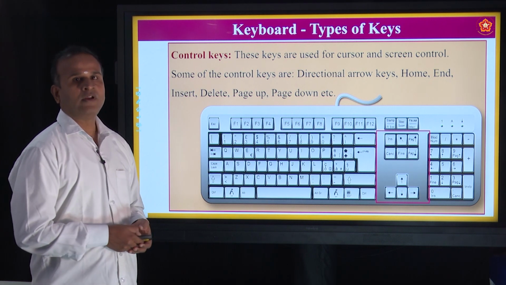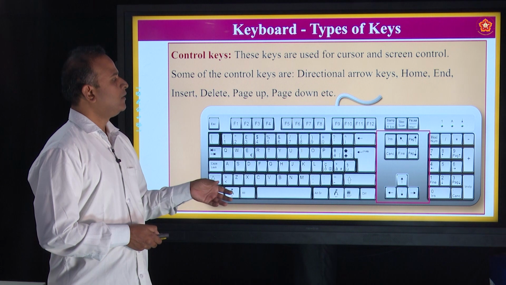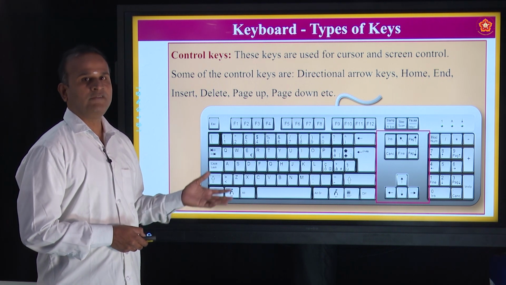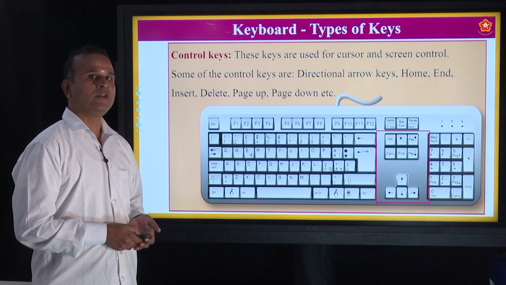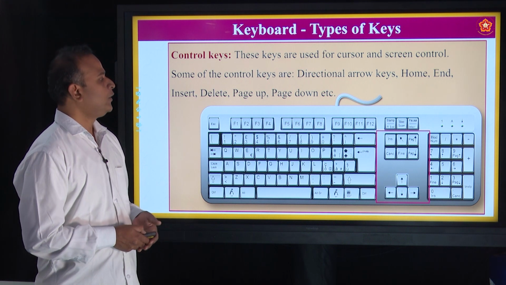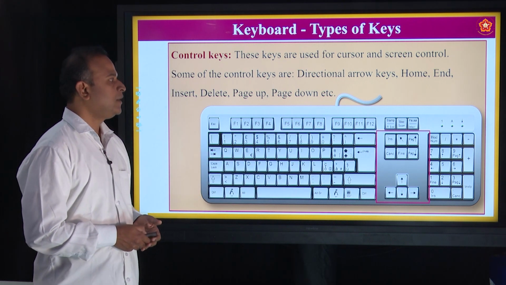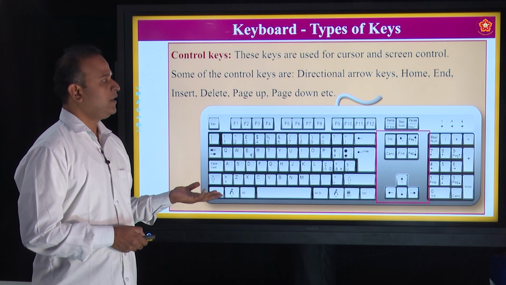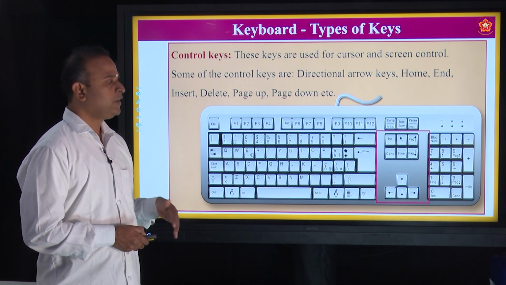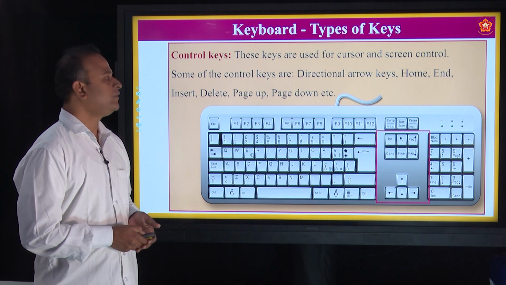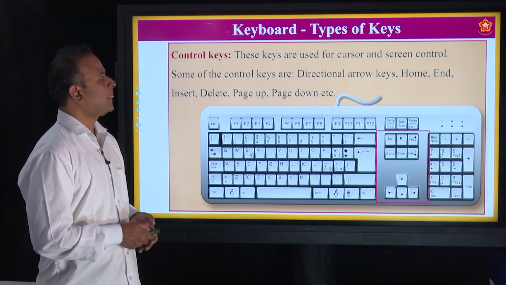Say for example, if you want to move the cursor to the top or bottom or anywhere on the screen in your Word document or your Excel, you can use the arrow keys, and in a similar way page up and page down keys to move between the pages in your Word document, etc.